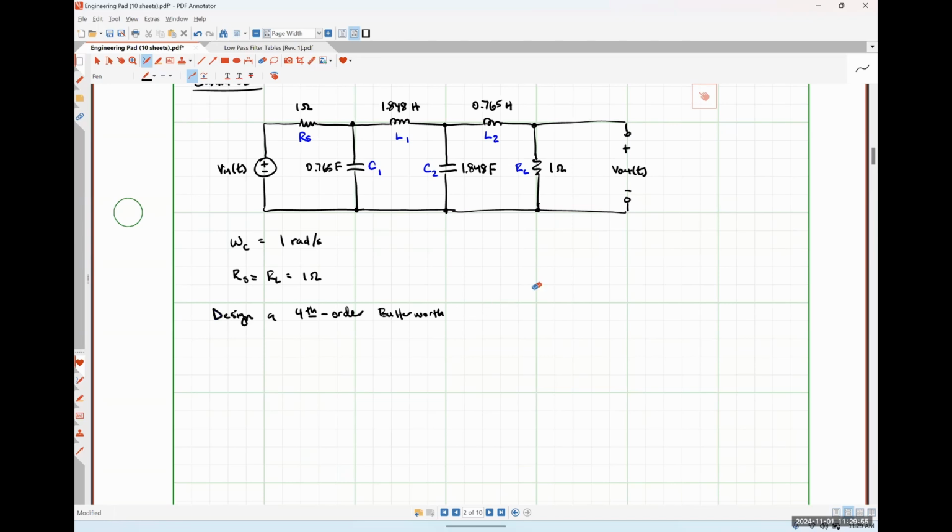Excuse me, low pass filter, that's important. With a cutoff frequency FC of 50 kilohertz, where RS is equal to RL is equal to 10 kiloohms.